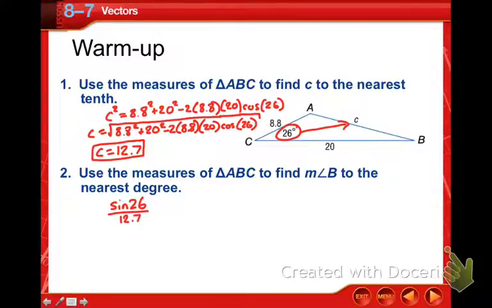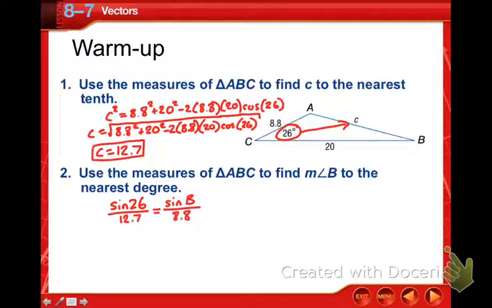Now, typically whenever I'm using something I know I just rounded, I don't like to use the rounded version. I really would prefer to keep the one from the calculator. So when I'm actually calculating this, I will do that. So when you see the answer, if you plug it in with the exact 12.7, you might be off a hair on the decimal, but it should be pretty close still. So that's going to be equal to sine of B over 8.8.